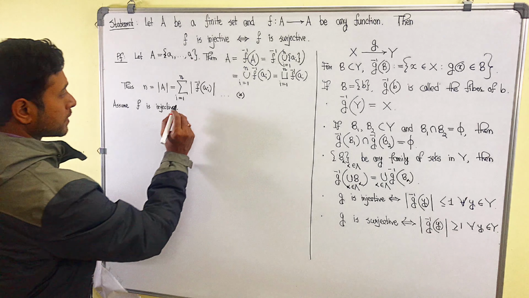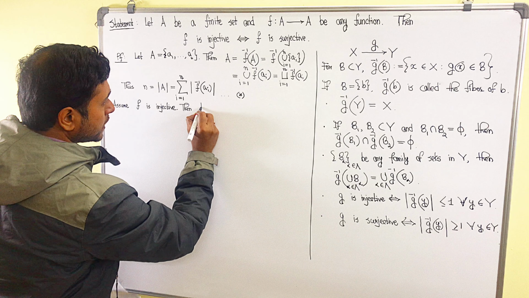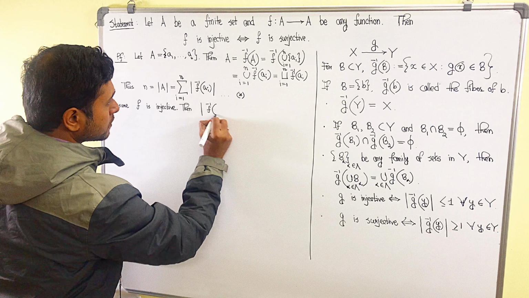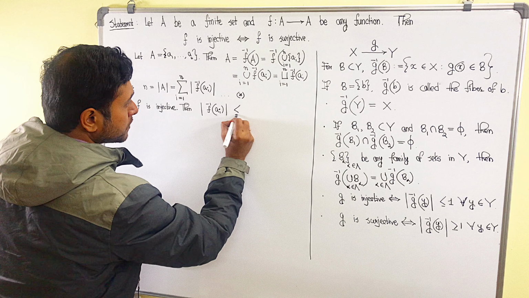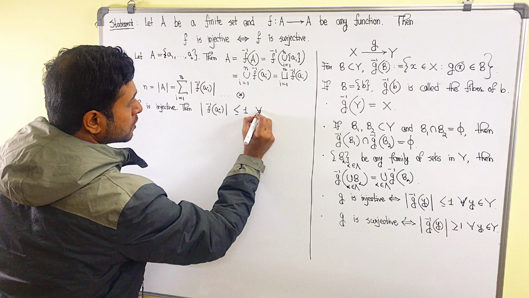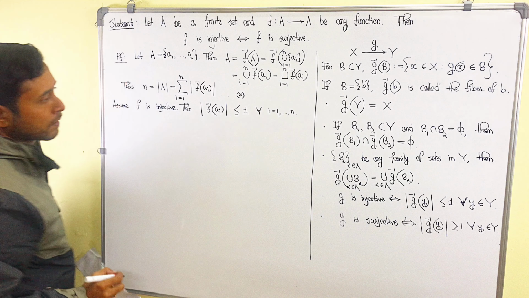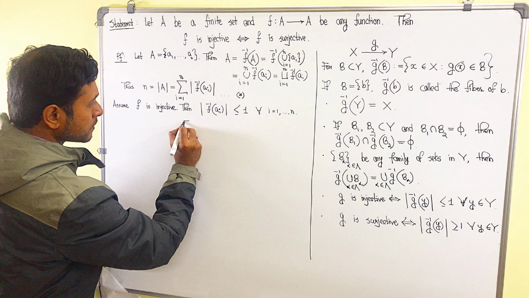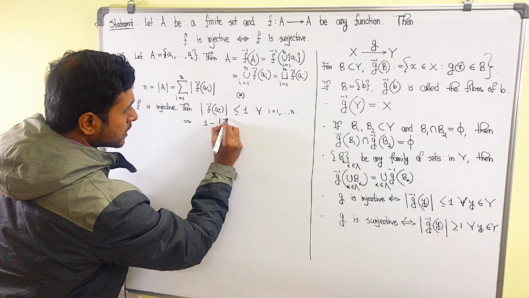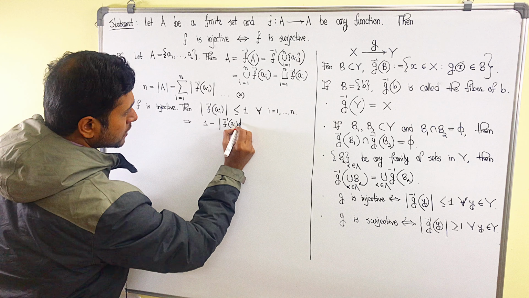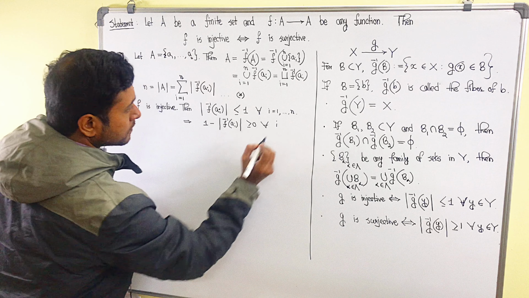So then each fiber f inverse of ai has cardinality at most 1 for all i equals 1 to n, which means 1 minus this cardinality is greater than or equal to 0 for all i.